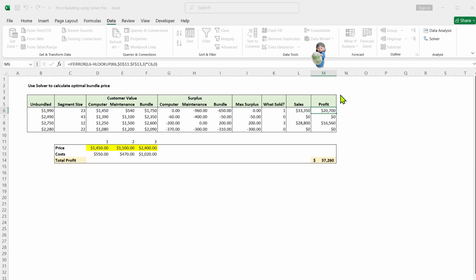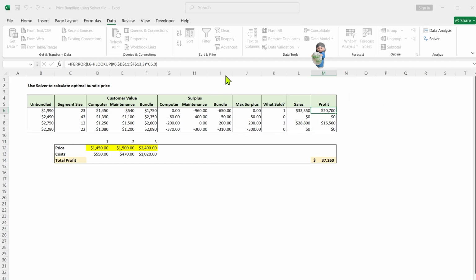Okay, let's make sure that I have the correct one. Changing variable D12 to F12. Okay, constraint D12 to F12 have to be greater than or equal to 0.